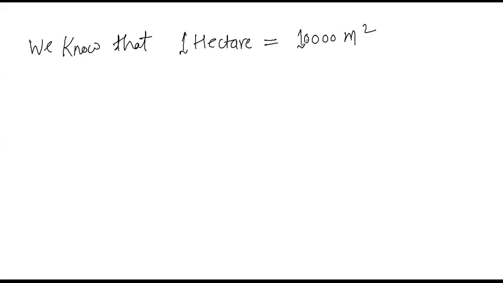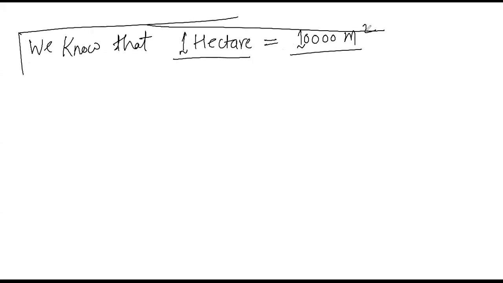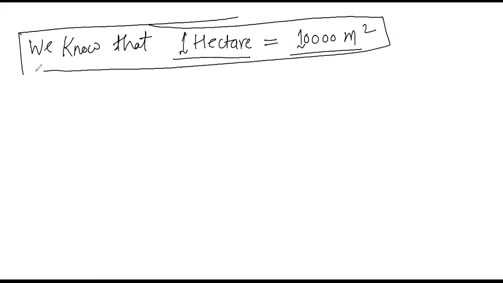Now we are finding the area of the garden in hectare, so write down the unit. 1 hectare is equal to 10,000 meter square. This is the concept you have to learn. You must know this at least. To solve this question, you need to know this concept.